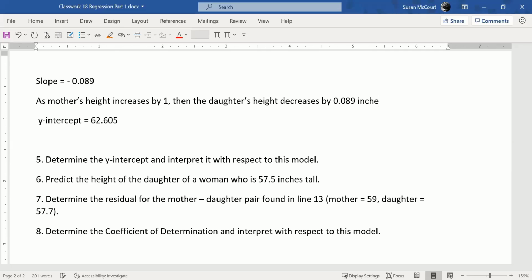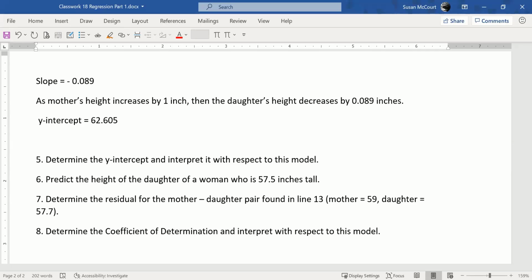And these are both inches, so I can put inches for both of them. Literally, one mother doesn't increase her height, but as we go from one mother's height to the next, which is up 1 inch, then we expect the next daughter's height to decrease by 0.089 inches.